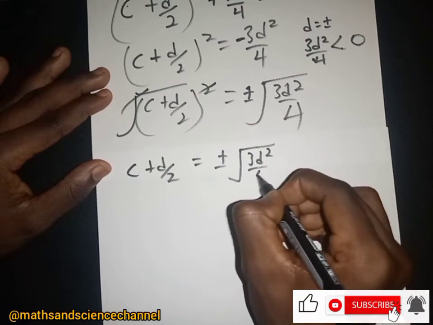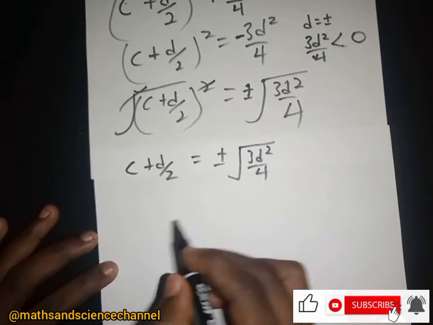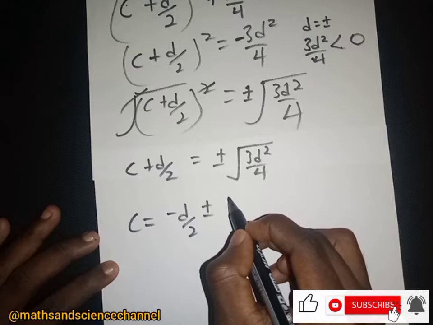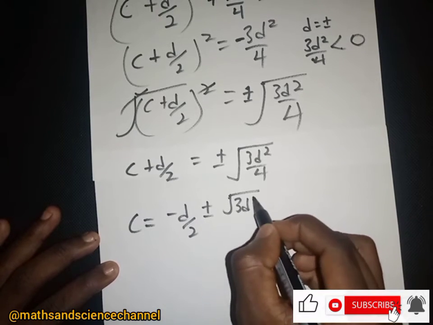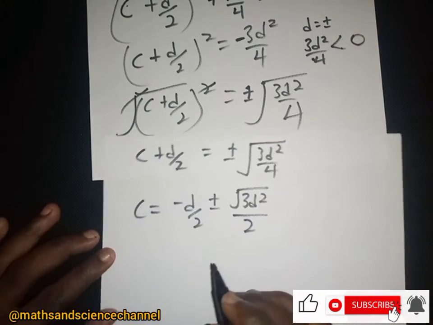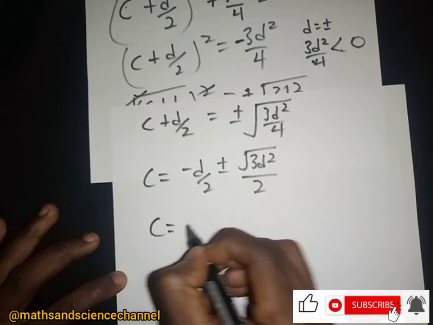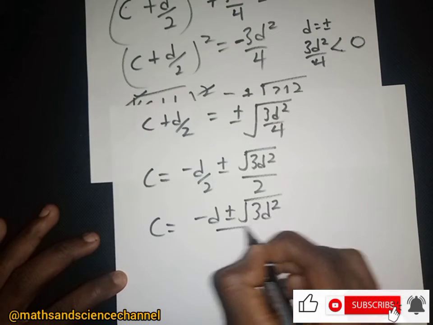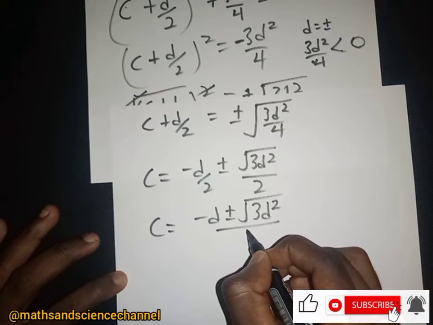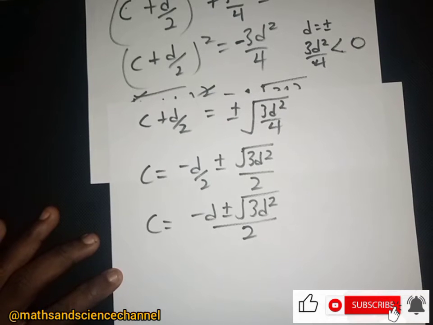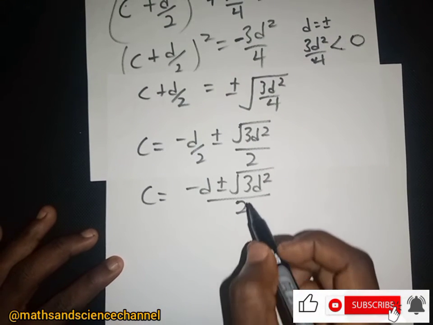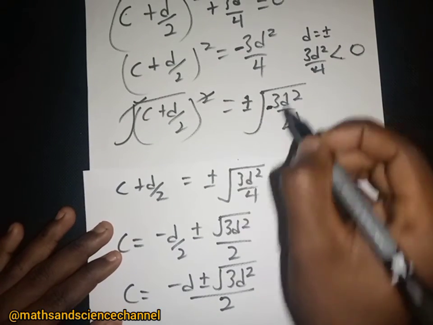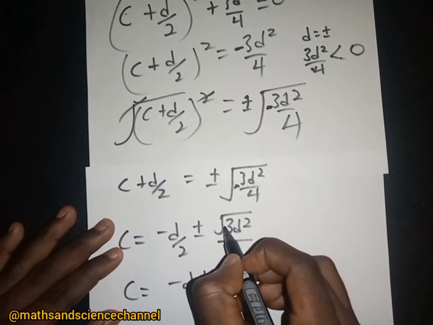3d squared over 4. So remember, we are looking for c, so c here will be equal to negative d over 2, then plus or minus the square root of 3d squared divided by just 2, right? Now remember, we have a negative here, so I forgot to bring the negative.